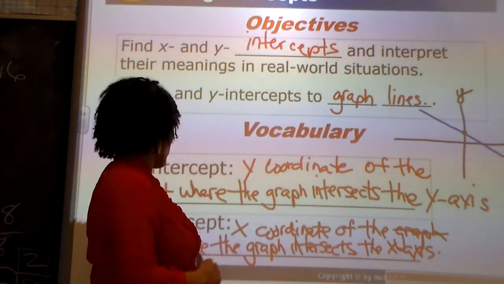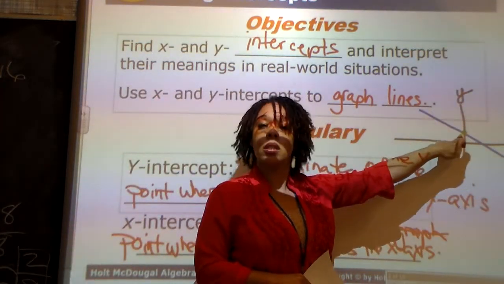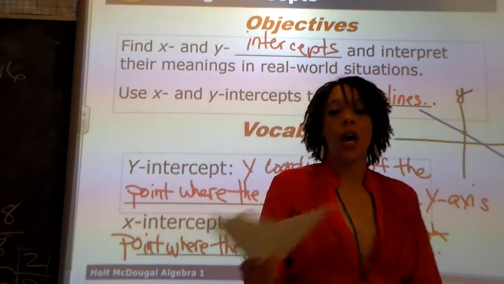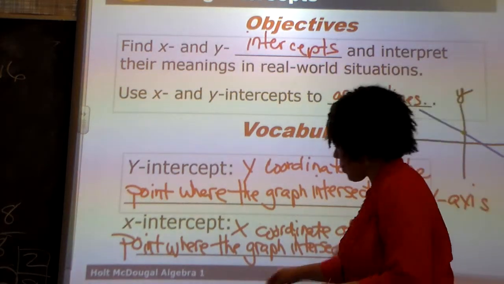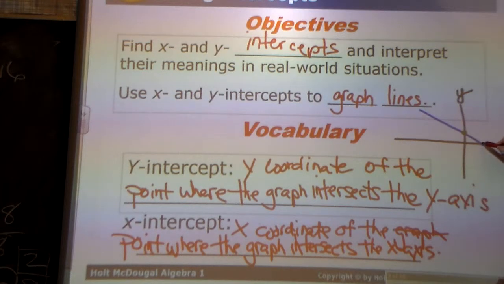The y-intercept is where your line actually crosses the y-axis. However, the x-intercept, I'm going to mark this one in red, is where that same line crosses the x-axis. So here's the x-intercept, and here's the y-intercept.